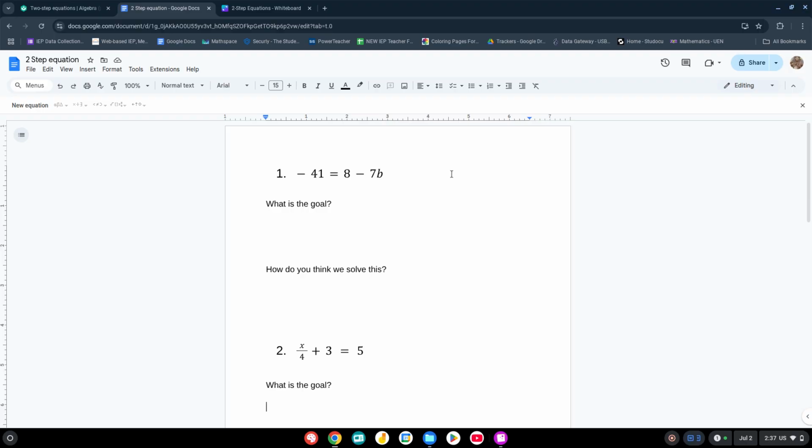This gives them the opportunity to collaborate with each other, add to this page, and this is one thing they can turn in for their warm up.